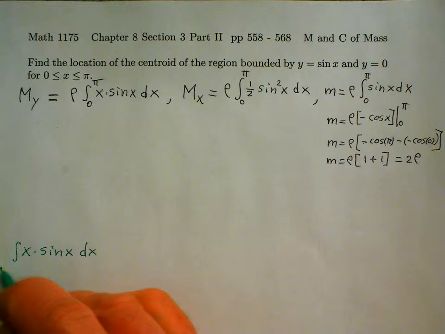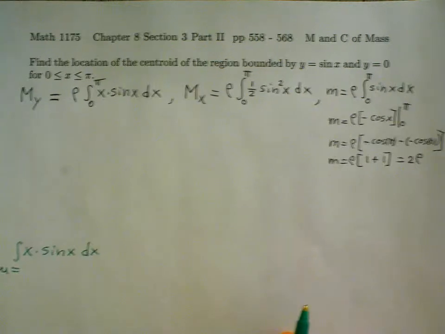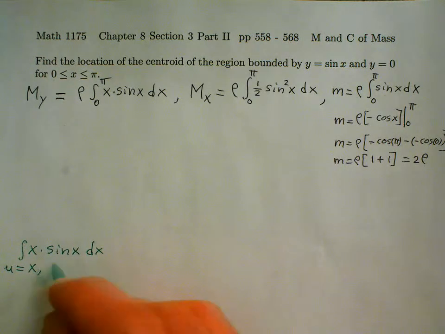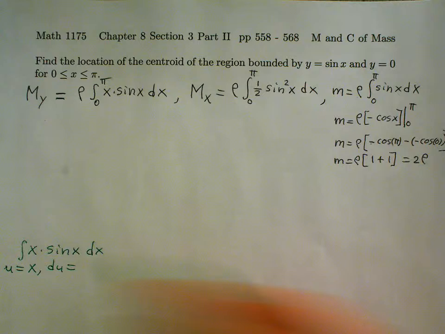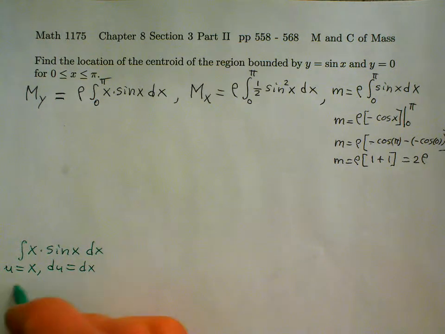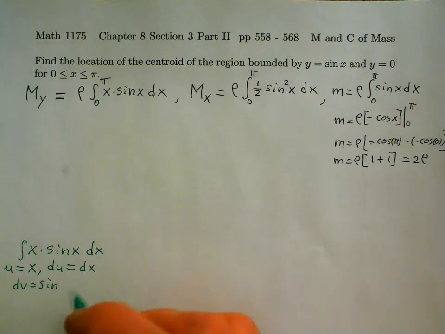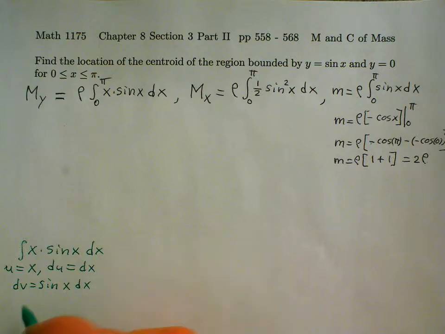So if we let u be equal to x, so du is dx, and then dv is sine of x dx. And consequently, v is negative cosine of x.